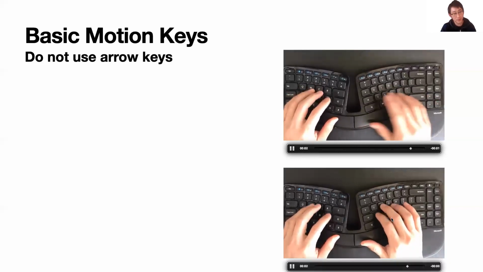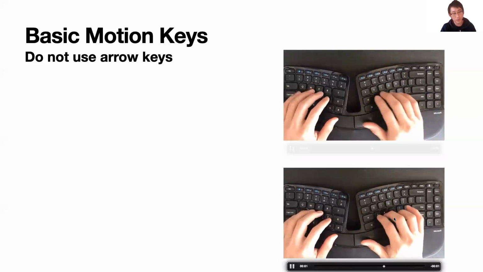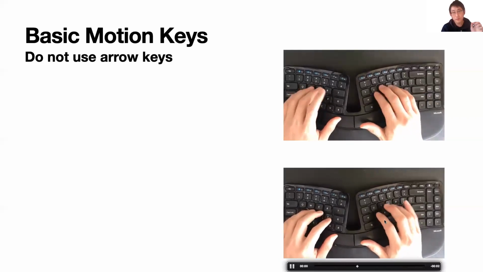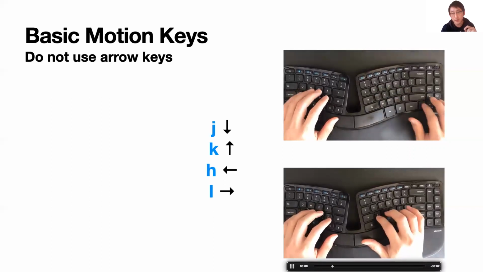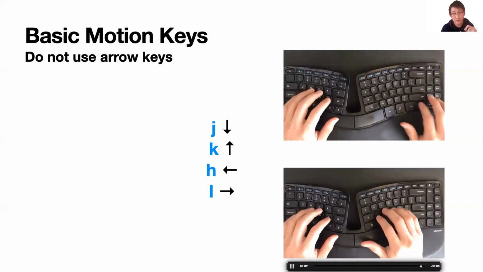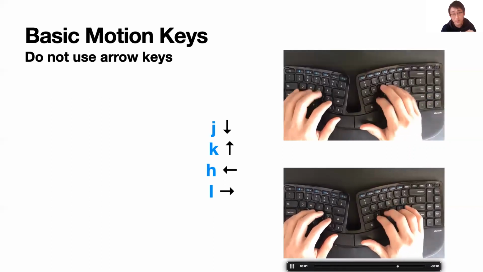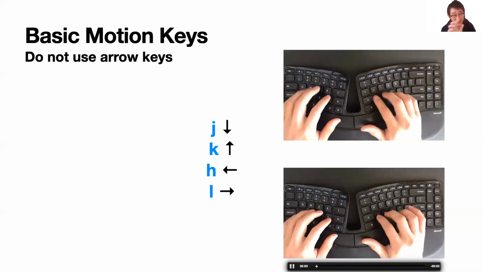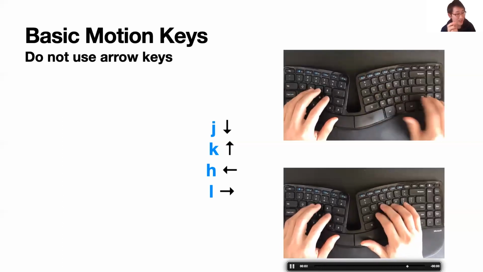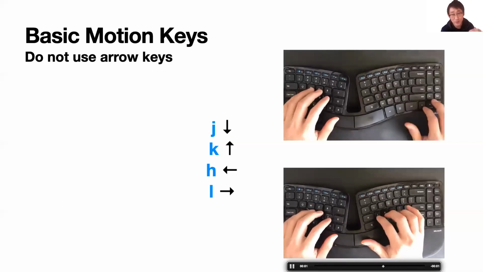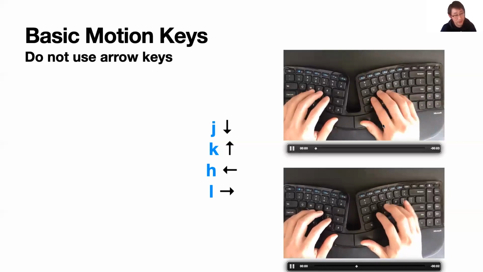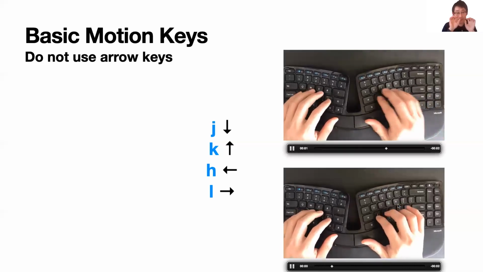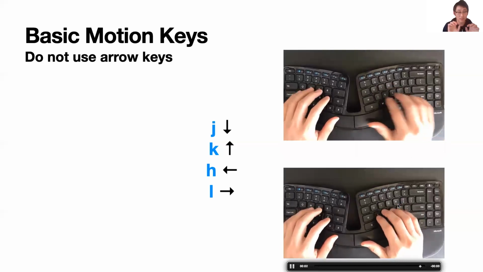But if you look at the movie below, you can move around with the J, K, H, and L buttons instead of the arrows. This is what makes Vim very difficult, because pressing J, K, H, L is quite new to you. But see here, your hands are on the JK position all the time.